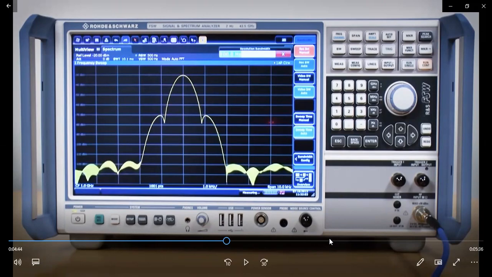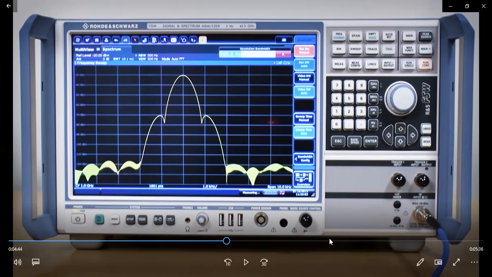But the power levels may be changing, so you are updating your display less frequently. In the time domain, it may be changing too fast, but you may not be able to trace the fast changes when you have smaller RBW.